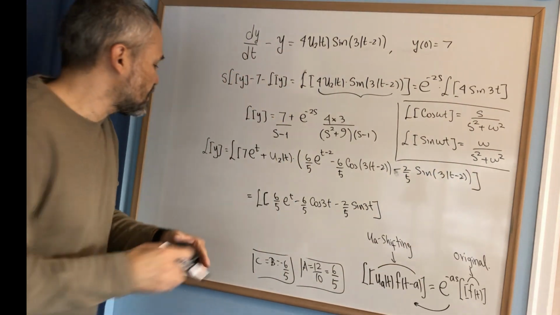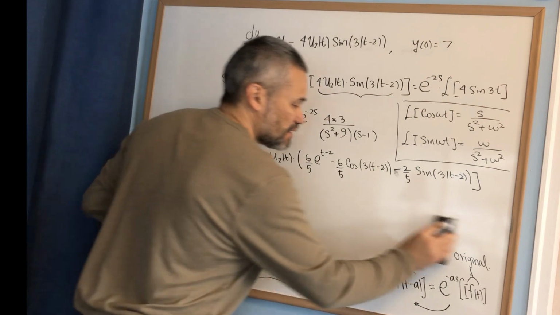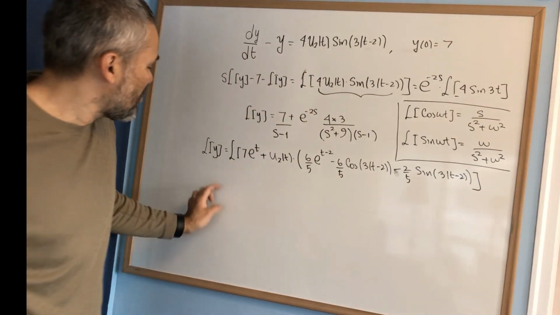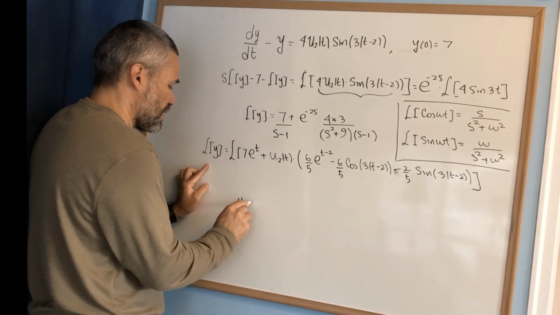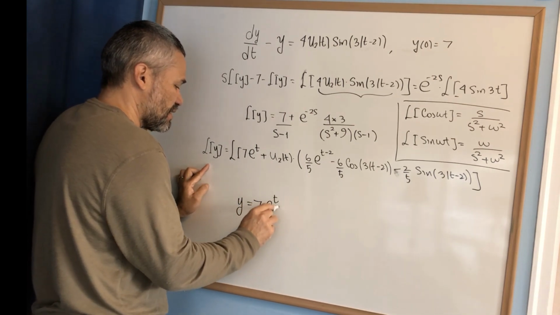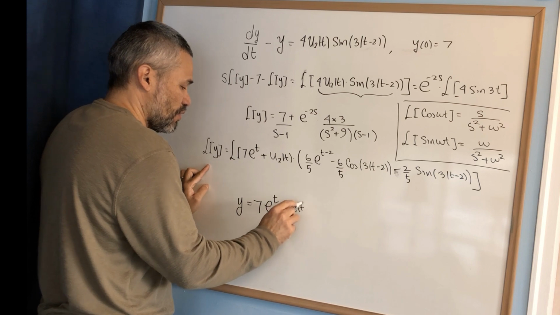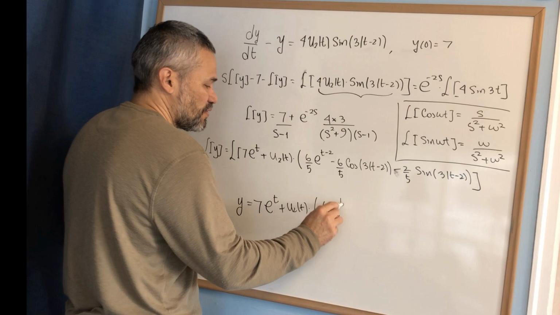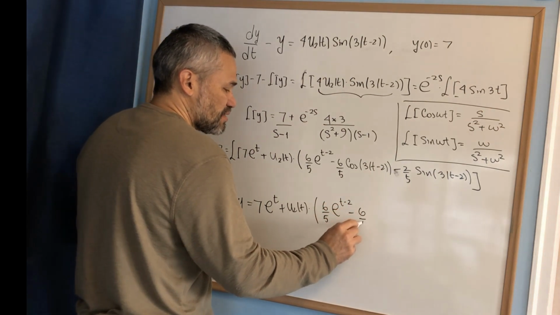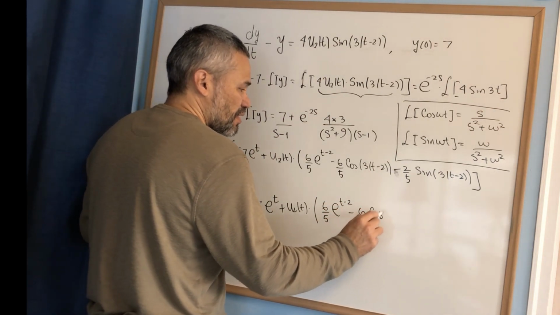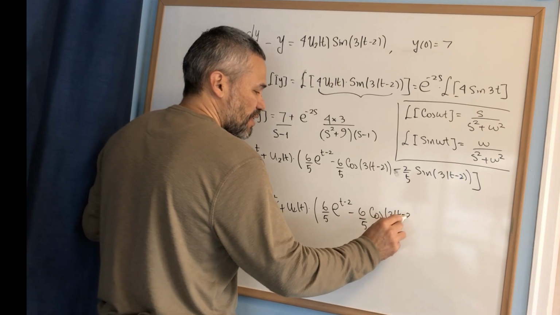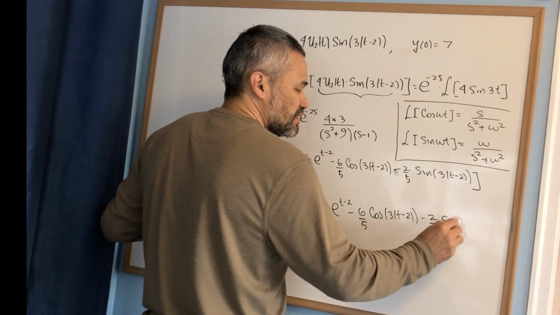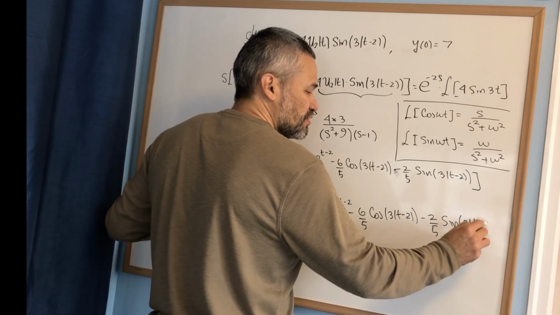That means that the answer of the initial value problem is y equals 7e to the t plus u2 of t times 6 over 5 e to the t minus 2, minus 6 over 5 cosine of 3 times t minus 2, minus 2 over 5 sine of 3 times t minus 2.